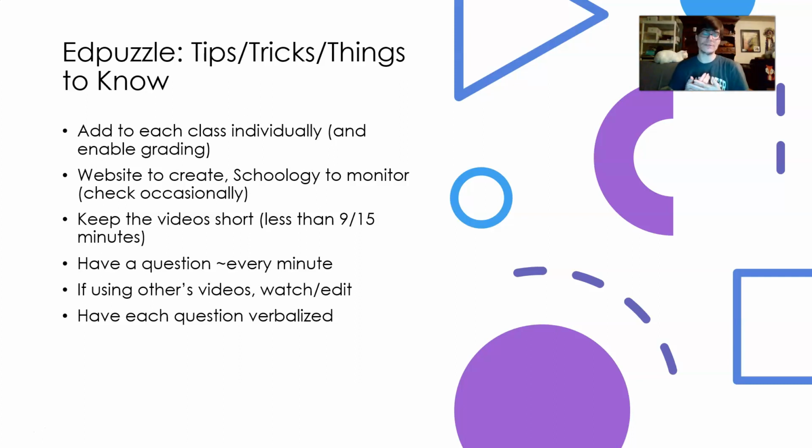And so make sure that you are verbalizing those questions, right before the question pops up, or having it so it plays the question when the question pops up. It helps to make sure to include every student of every learning capacity. So keep that in mind.